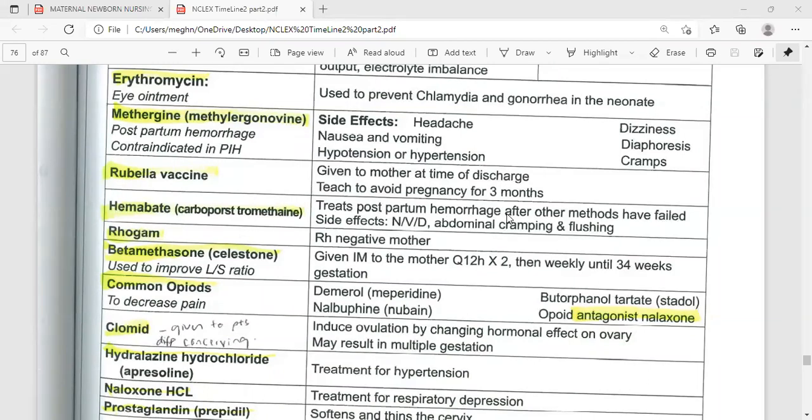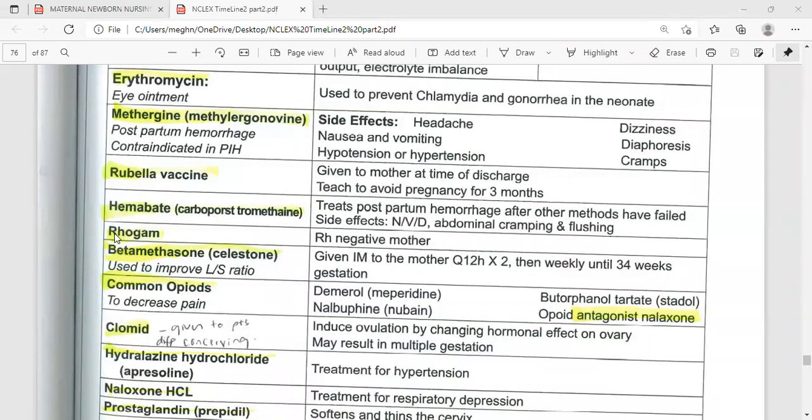Right? So usually with carboprost, we give a dose of 250 micrograms by deep intramuscular injection, and it is repeated every 15 minutes. A maximum of 8 doses is allowed.